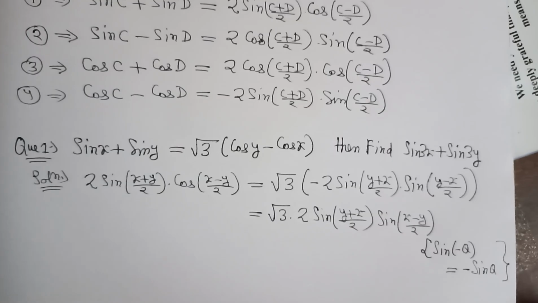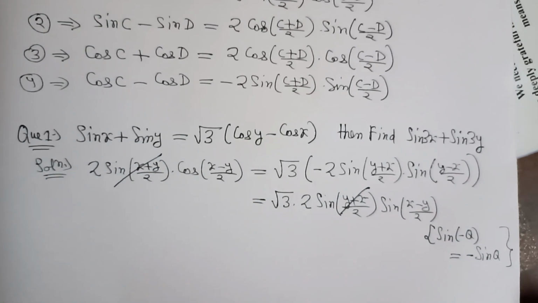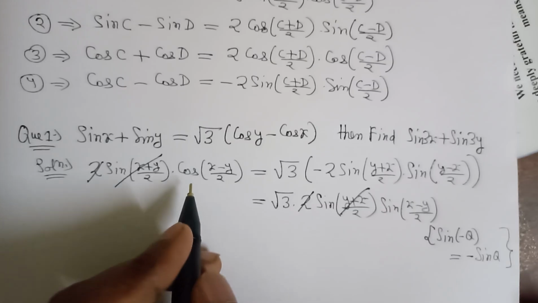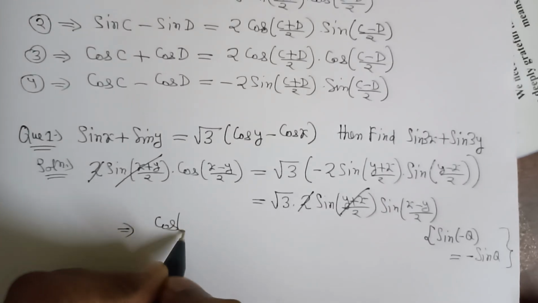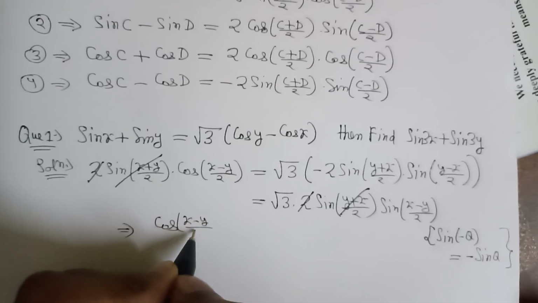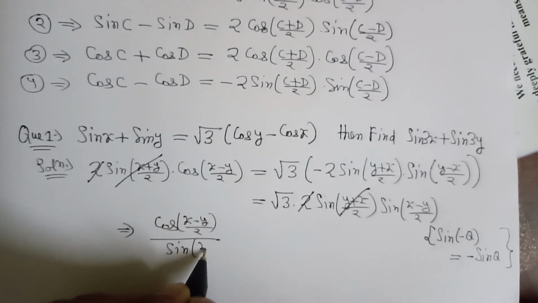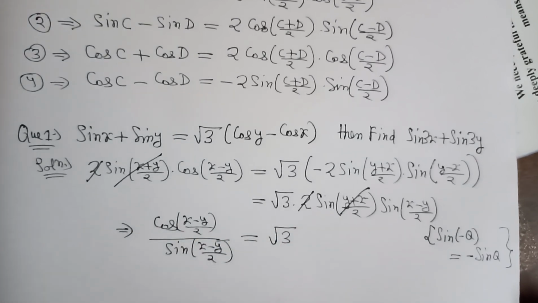Exactly what you can see here, this value and this value is cancelled because of equality, and this 2 is also cancelled. So you have cos (x minus y) divided by 2 upon sin (x minus y) divided by 2 is actually equal to square root 3.